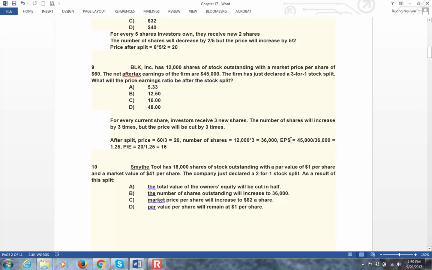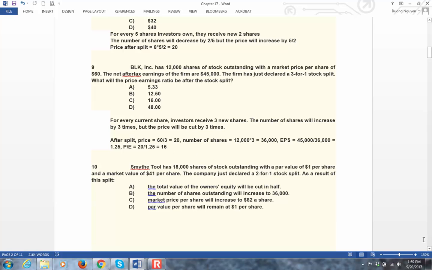So the price earnings ratio, PE, will be the new price, which is 20, over the new earnings per share, which is 1.25, and it is equal to 16.